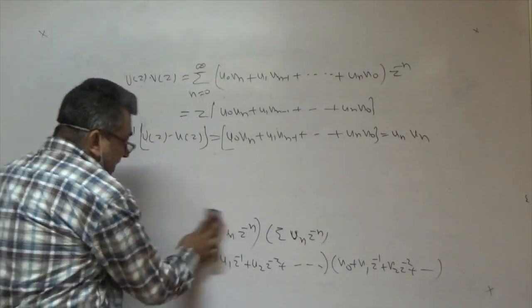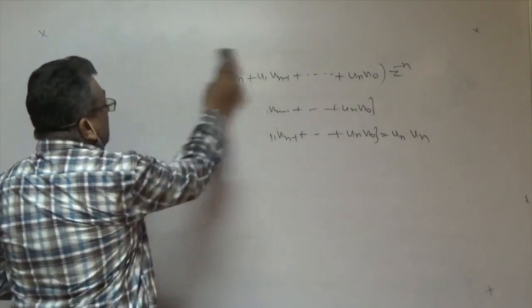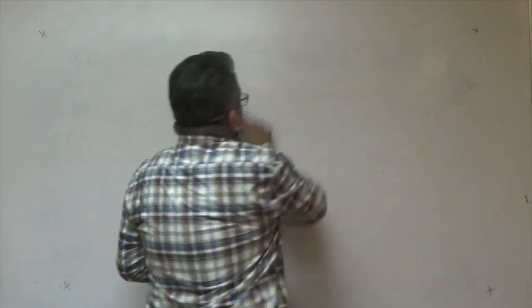Here I am taking a numerical example based on the convolution theorem. Then it will be more clear.